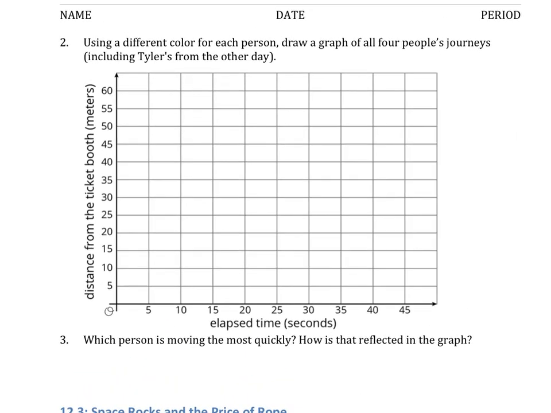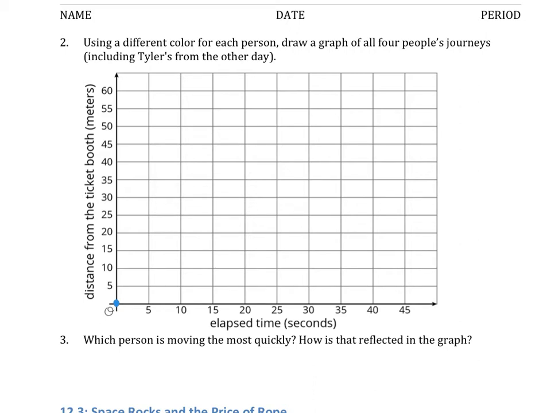Now question 2 says, using a different color for each person, draw a graph of all 4 people's journeys, including Tyler's from the other day. So I'm going to go ahead and start by graphing Tyler. Now, Tyler started at the origin, and it took him 40 seconds to go 50 meters.